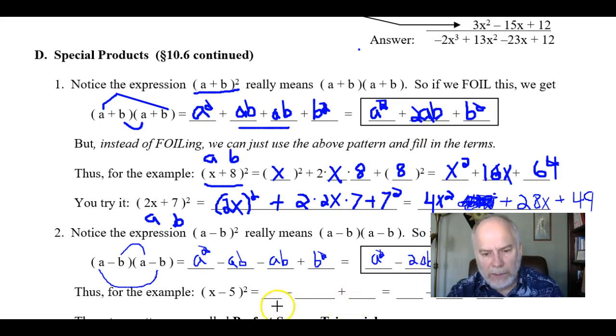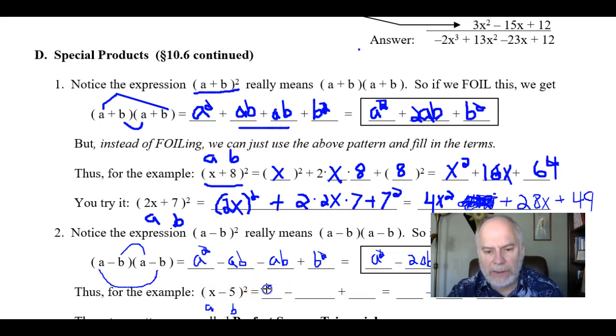So then we can just apply this and go, okay, so I've got x minus 5 squared. Well, the a is the x and b is the 5. You don't even have to say negative 5 because the pattern will take care of the minus. You just say a is x and b is 5.